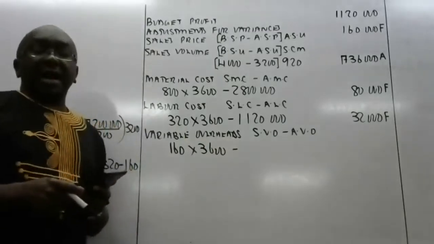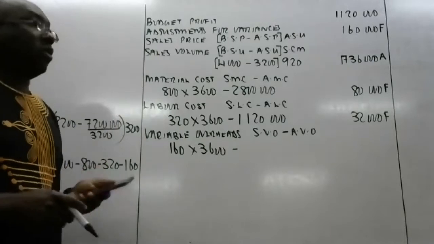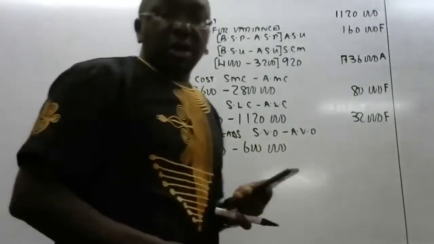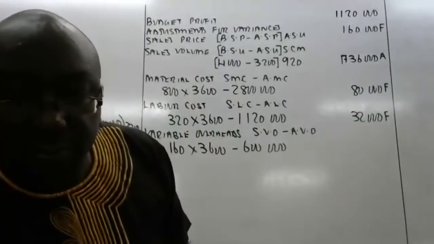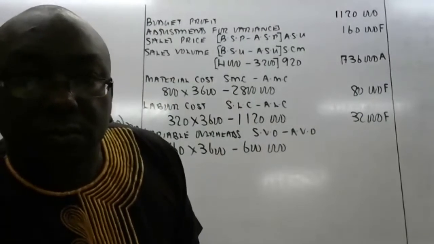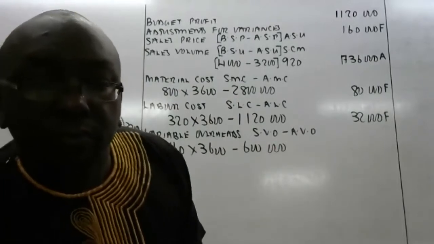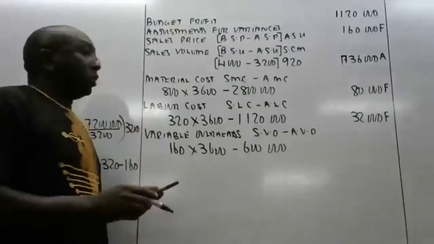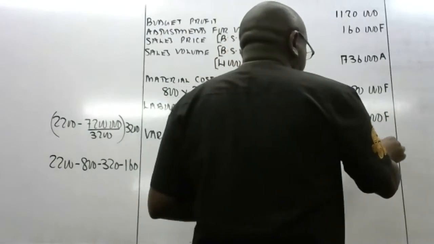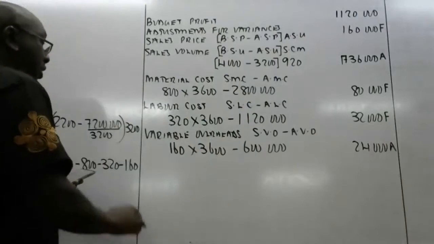You minus the actual. Going down, you get that actual was 600,000. So how much is that? 24,000. Favorable or adverse? Adverse, negative. Okay, adverse.